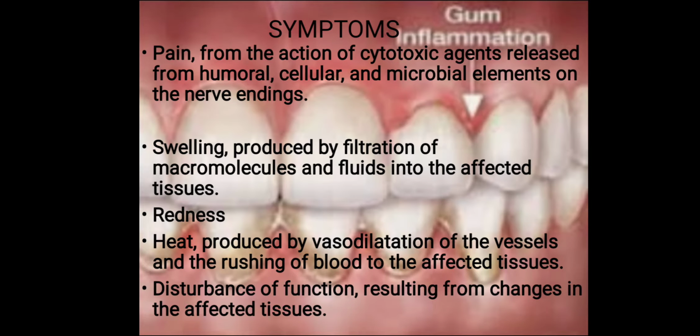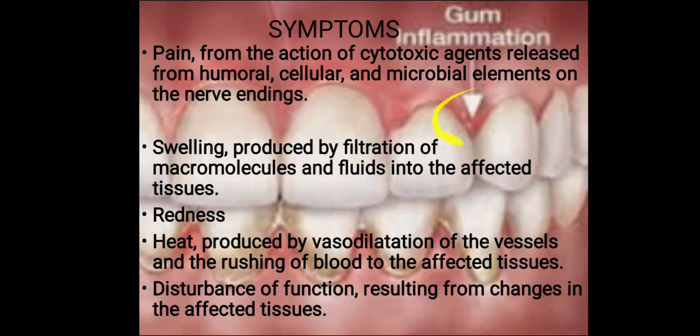Symptoms of inflammation. There are 5 symptoms of inflammation: pain, swelling, redness, heat, and disturbance of function. Pain occurs due to the action of cytotoxic agents released from humoral, cellular, and microbial elements on the nerve endings.